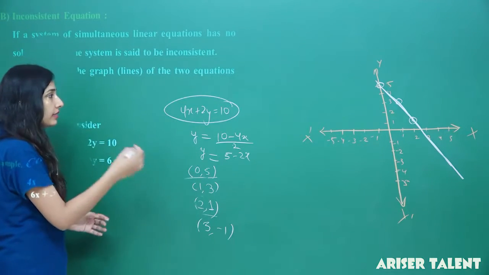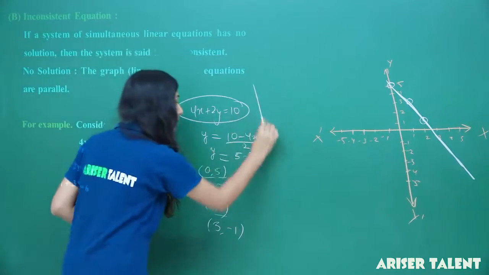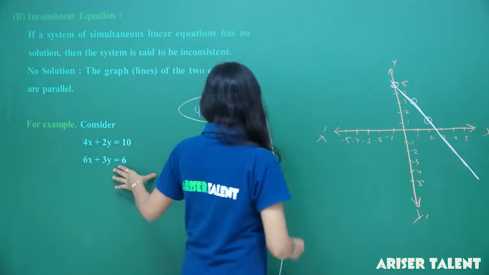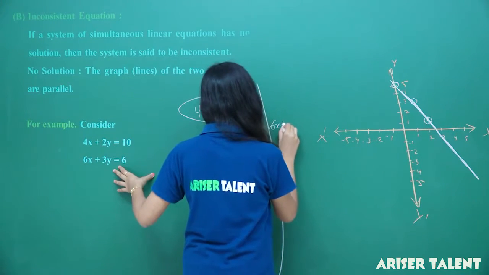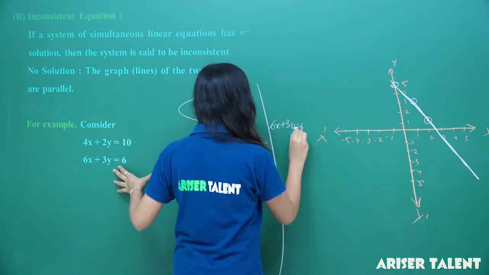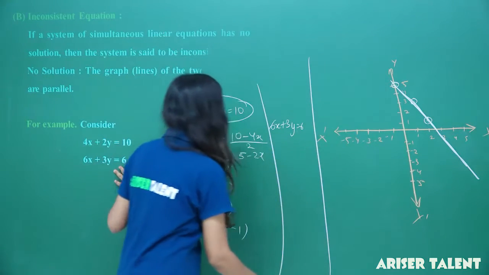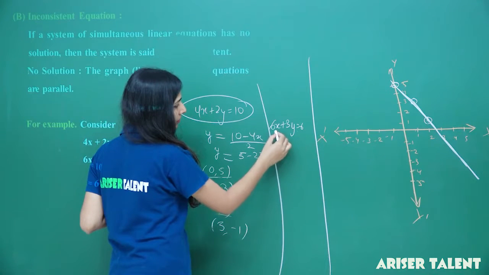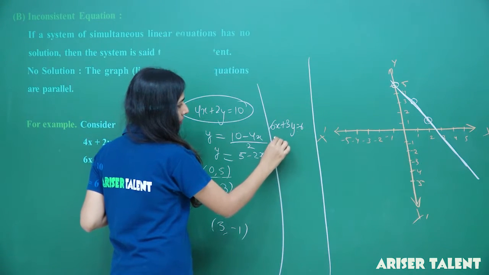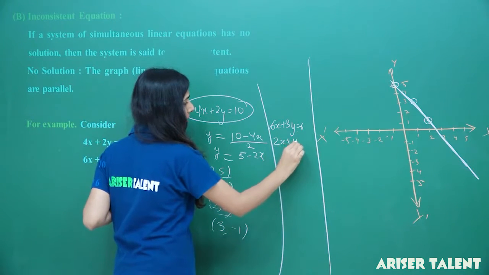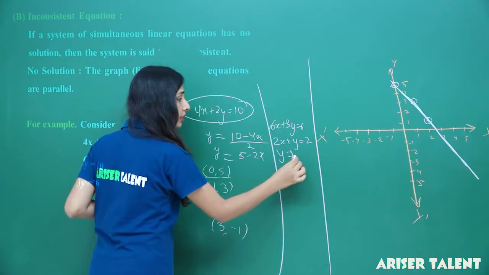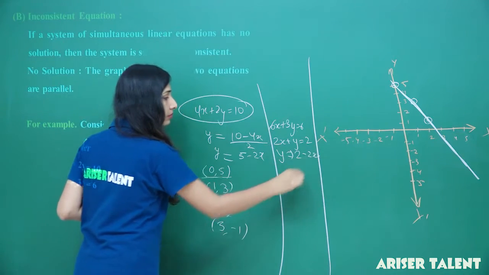Now I am talking about the second equation. The second equation is 6x plus 3y equals 6, right. I can write it by dividing by 3 as 2x plus y equals 2. Now y from here is equal to 2 minus 2x.